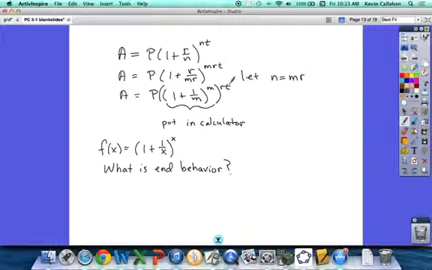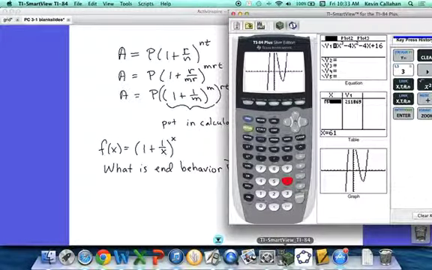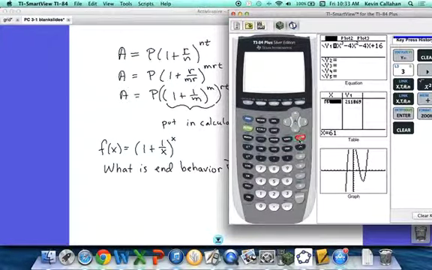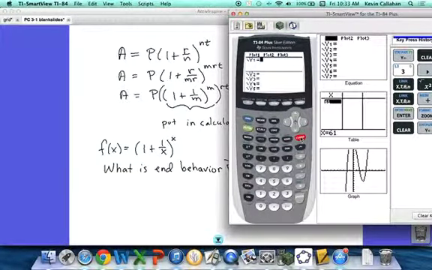Now let's see what happens as we let the number of compoundings, n or m, increase. What happens to that function right there? Let me put that in the calculator and see. Y equals, clear.